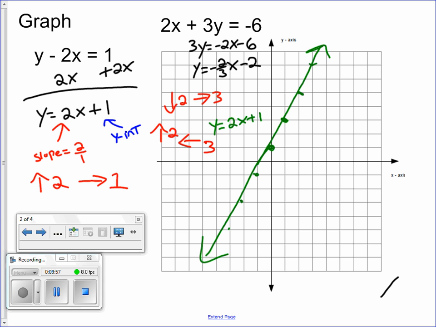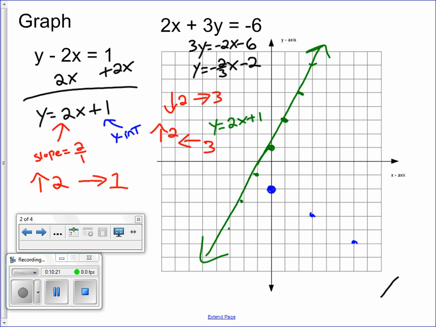From my y-intercept, which is negative 2, I'm going to go down 2, right 3. I can use either one. I'll use this top one here. Down 2, right 3. I'll do both. Down 2, right 3.